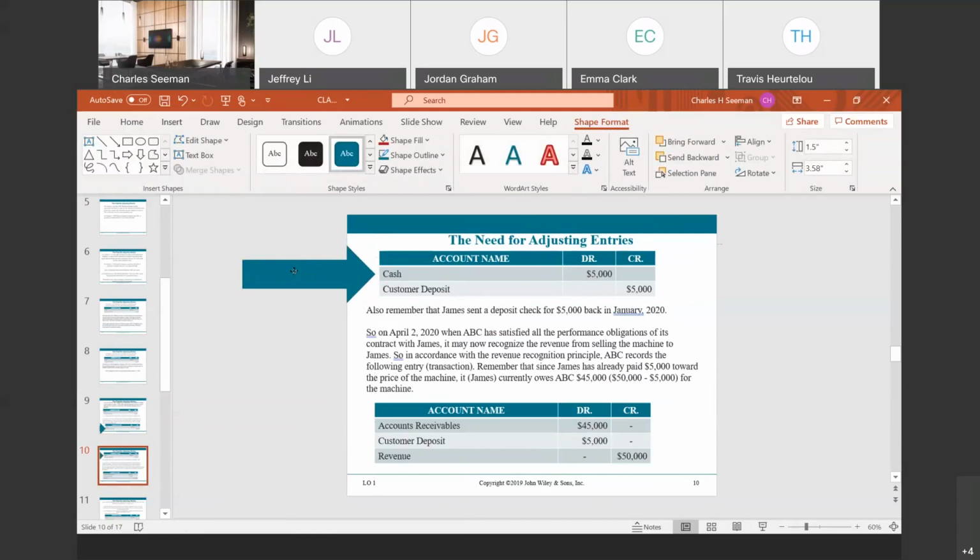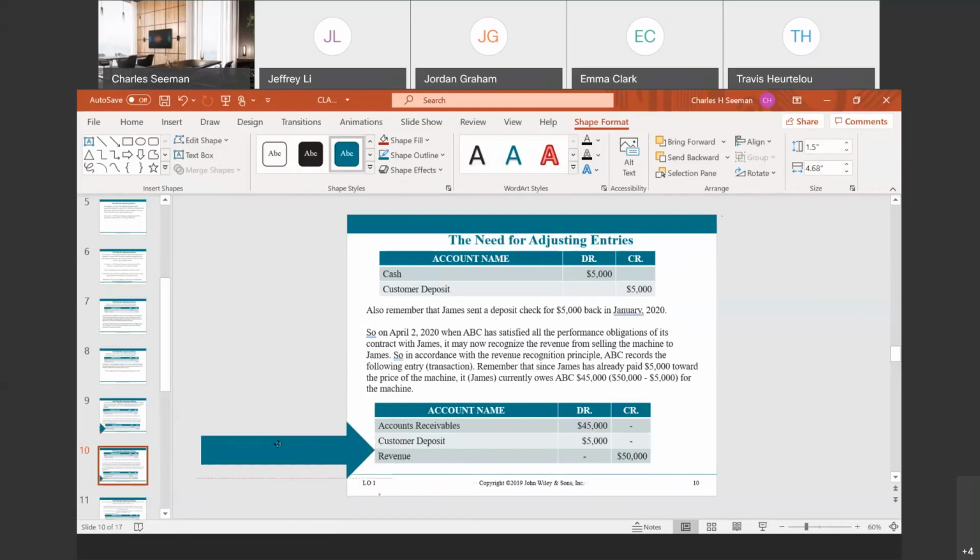So in April, I can record $50,000 worth of revenue because that's what I charged James, and that's what they agreed to pay once I deliver the machine to them. So I get to recognize all that in revenue.